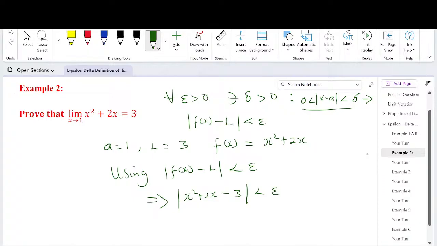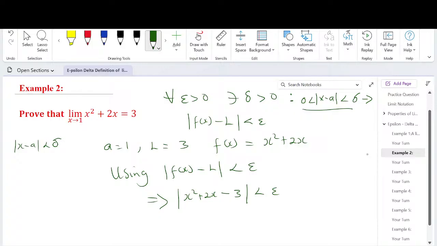Now we need to prove this, so we need to simplify it to get something like x minus a less than delta, because that is always our target.